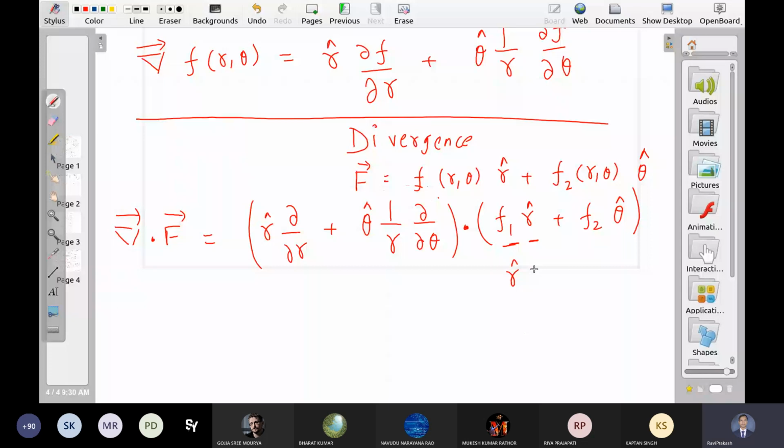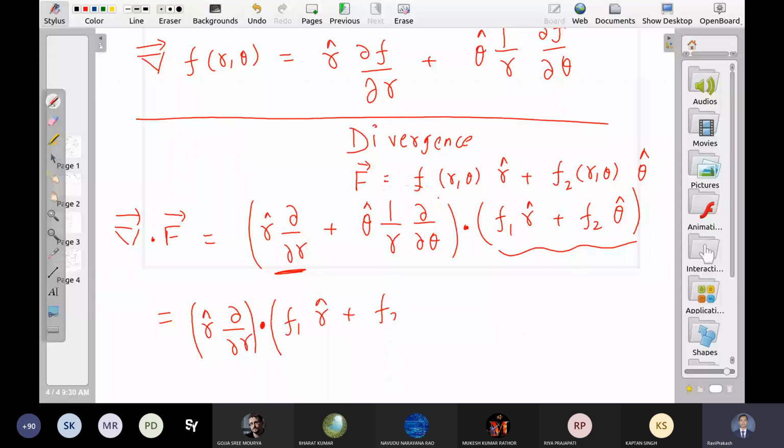Now let us start applying the operator on this. Let's apply the first operator on this whole part. What we get? r cap del by del r, operated on, dot product, f1 r cap plus f2 theta cap.